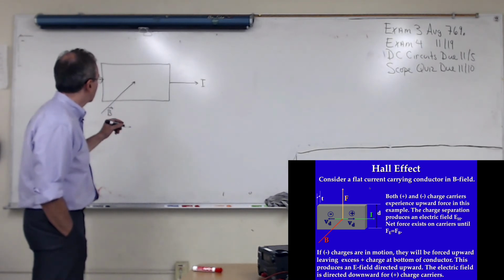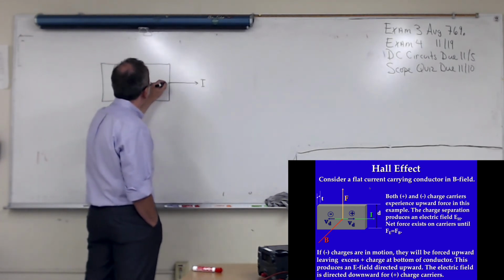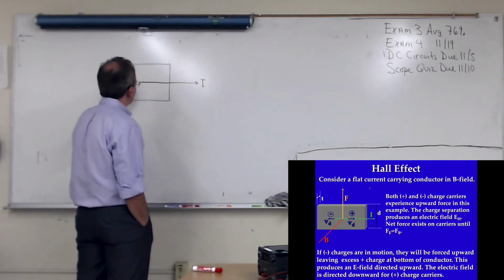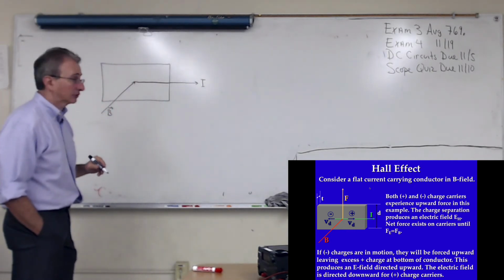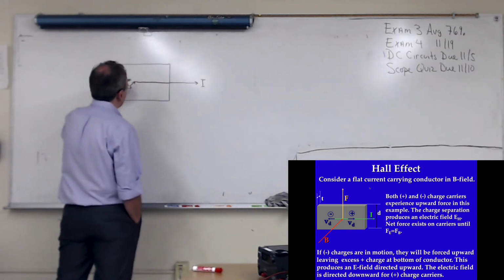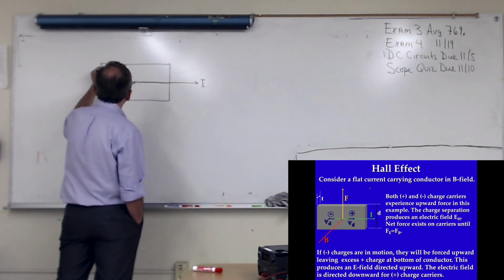So the current is going to the right, which means the electrons are moving to the left. They're drifting to the left.